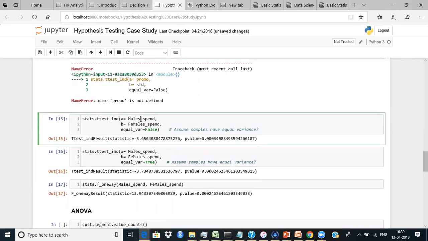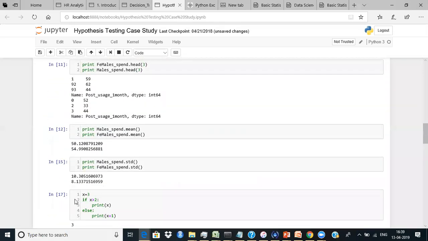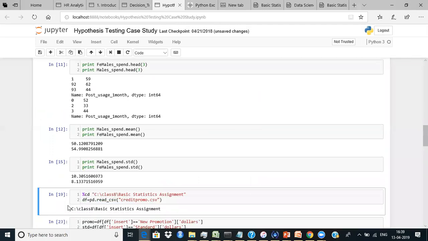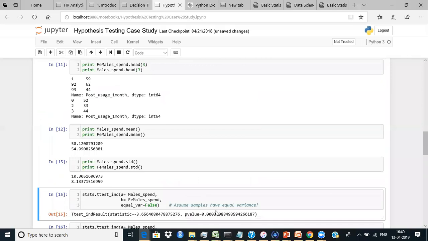Then I have male spend here, female spend here. Actually, between these codes, I had done it for something else. Remove this. So you have male spend here, female spend here. Make sense? Okay. Now, if I run this, I will get two things as output: test statistic and p-value.